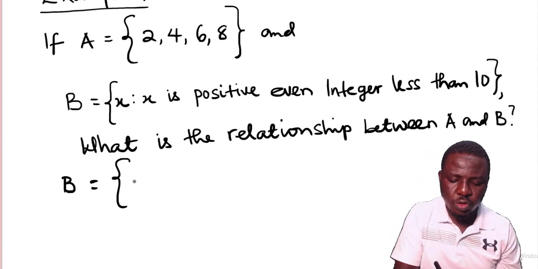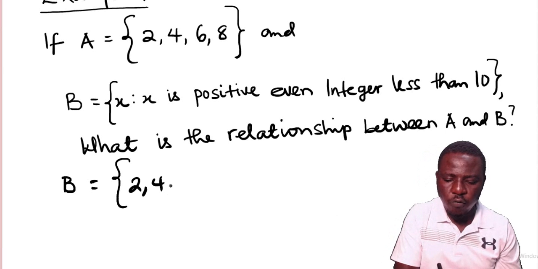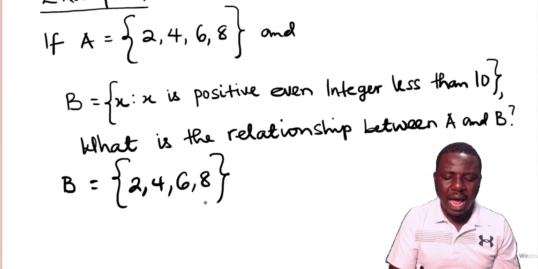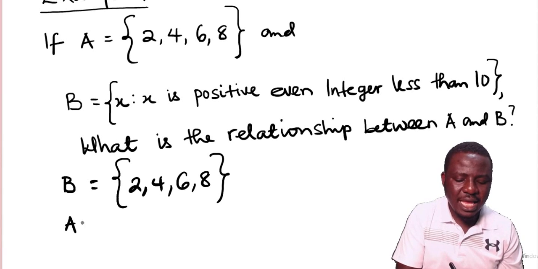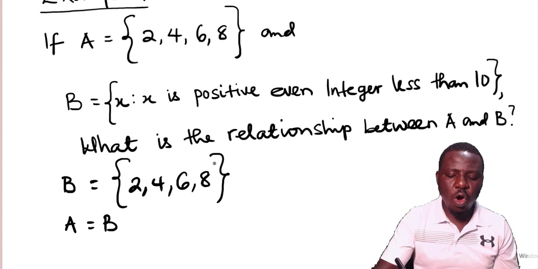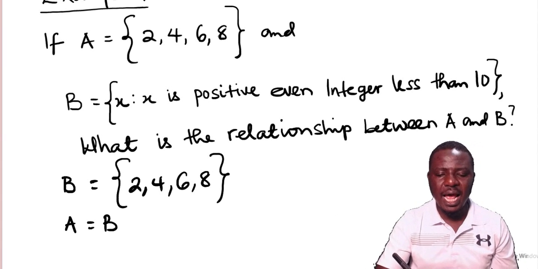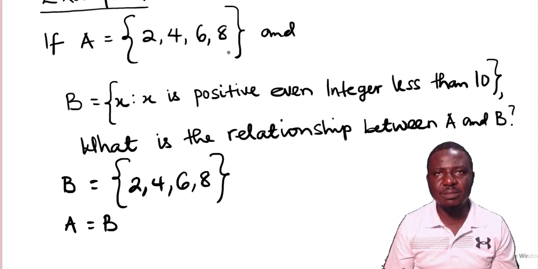So that includes 2, 4, 6, 8, less than 10. So I will say set A is equal to set B. Why? Because all the elements in A are the same as the elements in B, and their cardinality is the same.